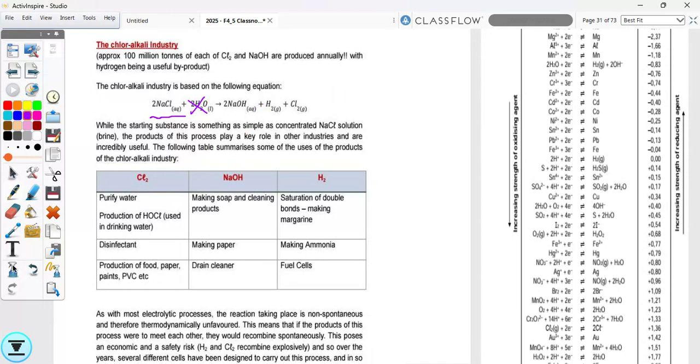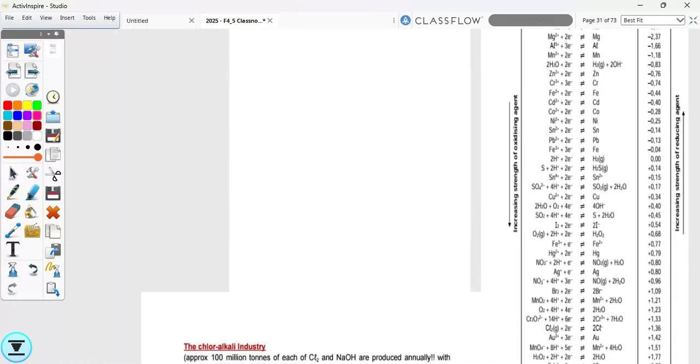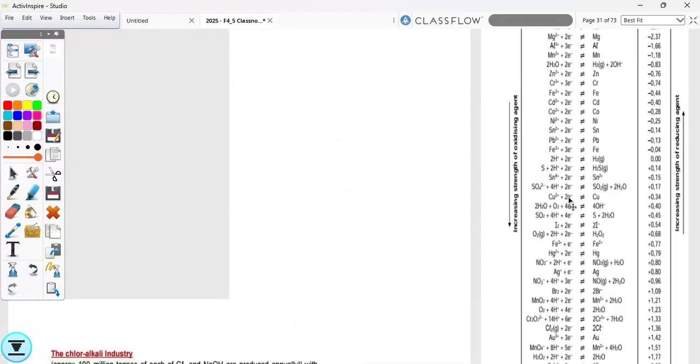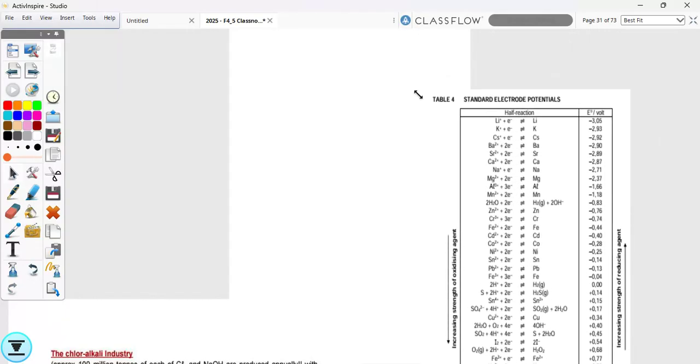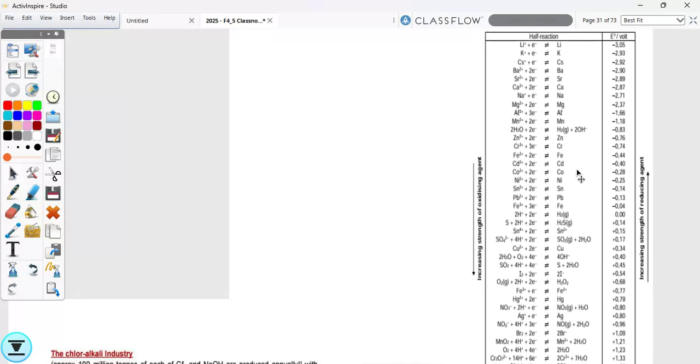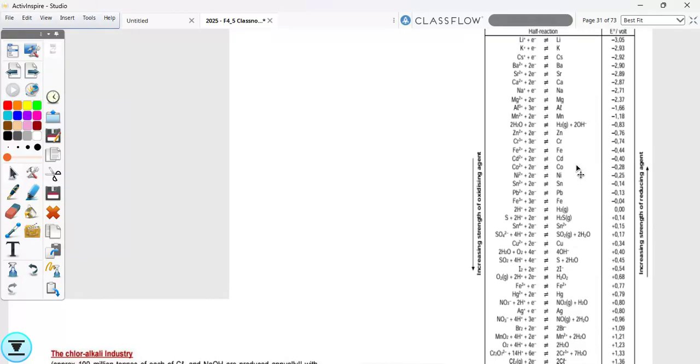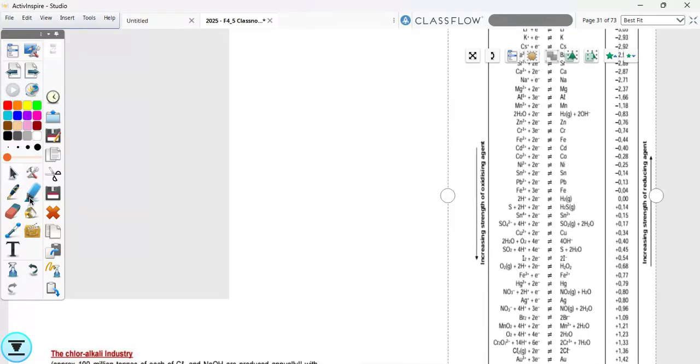So actually why they do it is because that's the balanced equation. So let's go and see. If we didn't have that and we just go to the table, and we trust our table and we trust what we know about redox already, and I just want it to be all on the page, there you go. And we look, okay, what do we have? We have concentrated, and because it's concentrated NaCl, they call this brine.